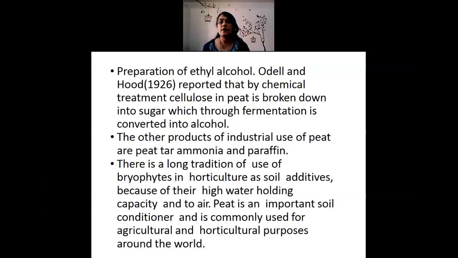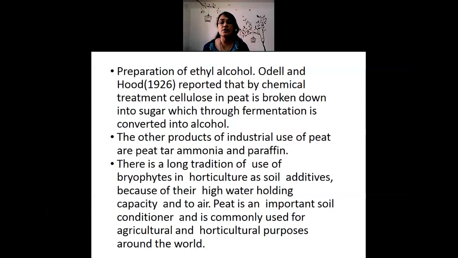It is reported that through chemical treatment, the cellulose in peat is broken down into sugar, which through fermentation gets converted into alcohol. Other industrial products of peat are peat tar, ammonia, and paraffin.